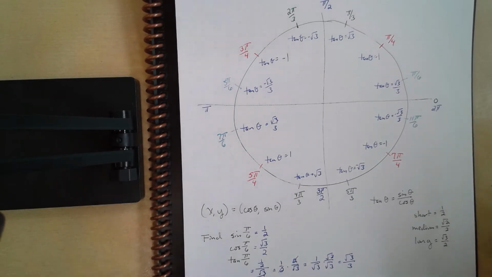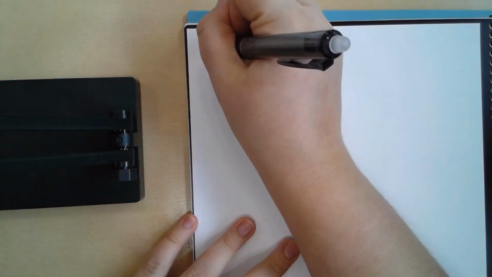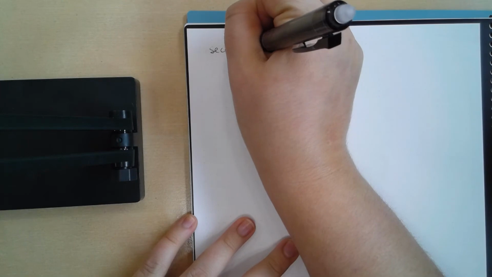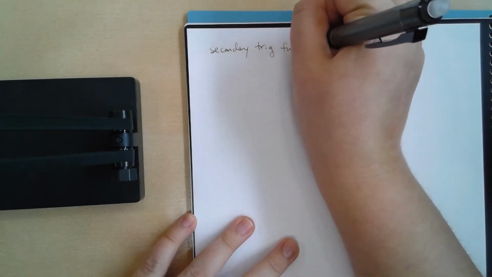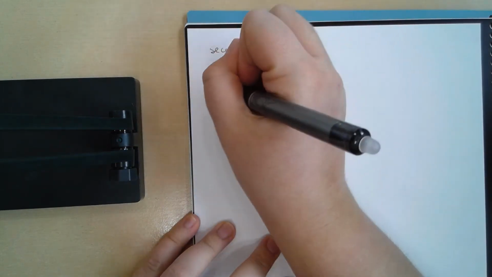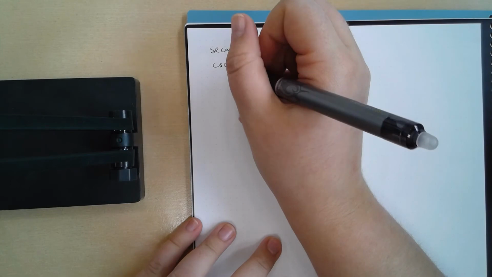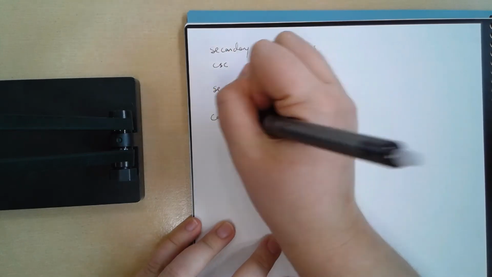So let's move on and talk about our secondary trig functions, excuse me, not inverse. So our secondary trig functions are, of course, cosecant, secant, and cotangent.